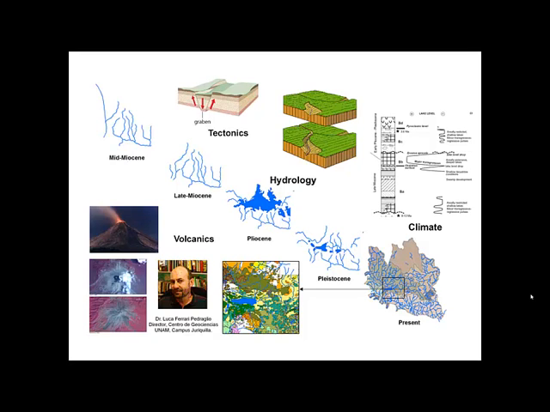Eventually this channel erodes into this one, and instead of going this way, once this steeper channel has eroded in there, the water starts flowing this way, and this channel becomes truncated. So we've got eruptions, tectonics and erosion going on, restructuring where the rivers run.